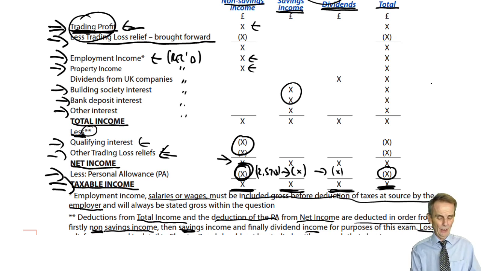You also need to know not just the bases of assessment, which at the moment are very simple, received amounts of employment income, property income, interest income and dividend income, but the analysis into non-savings, savings and dividend. Because if you know that, we'll be able to make the next move in our next lecture to see how each of those figures of taxable income will be charged to income tax.